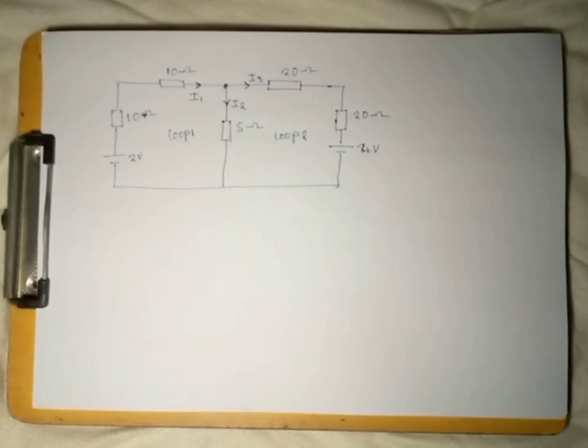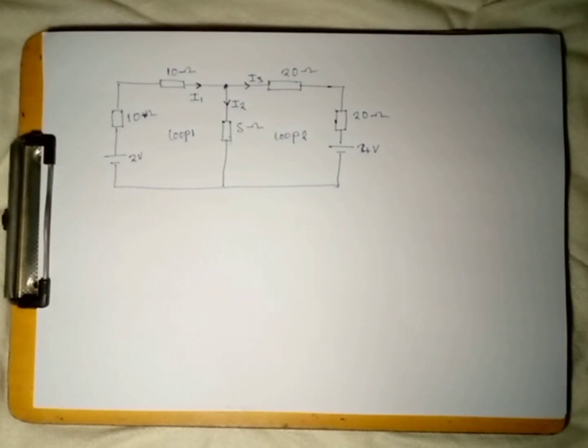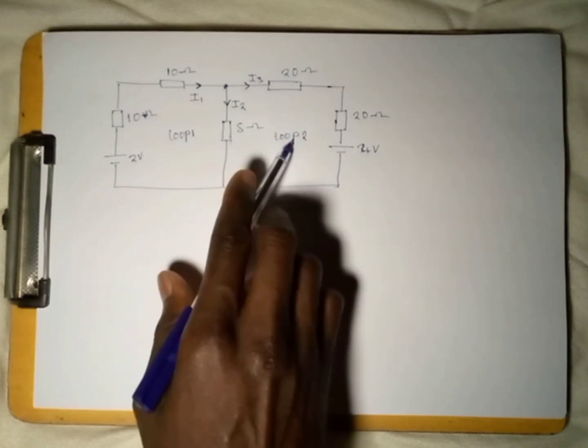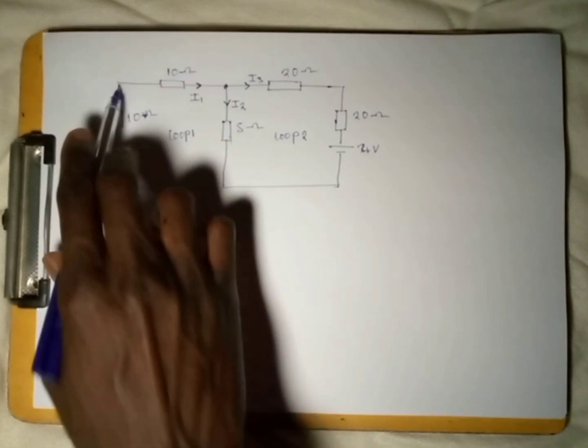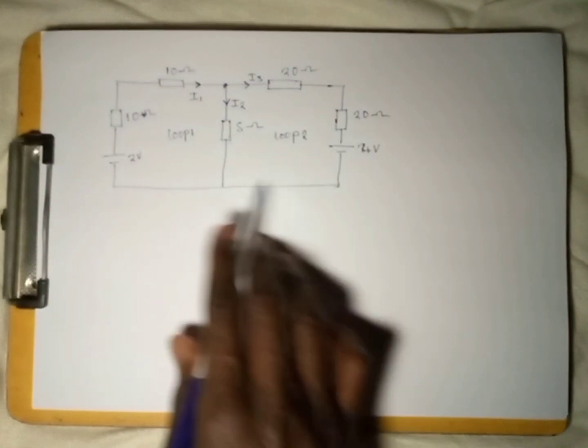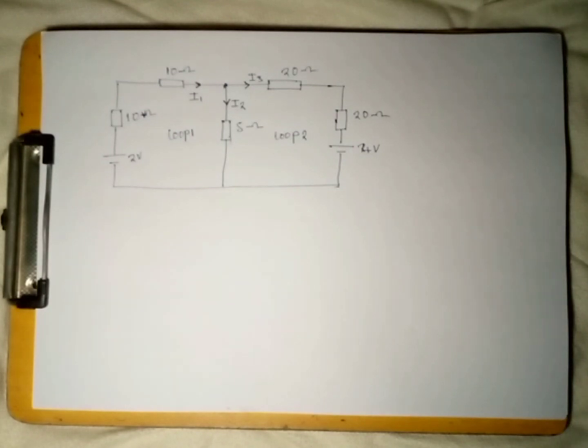The other one is moving in that given direction, meaning that you've assigned the currents in the branches. So what you do now, you have to use two different loops. We have loop 1 and loop 2. The loop we're talking about here has to be this one, and the one we're going to be using has to be that one. But the second step is telling me that we have to apply KCL.